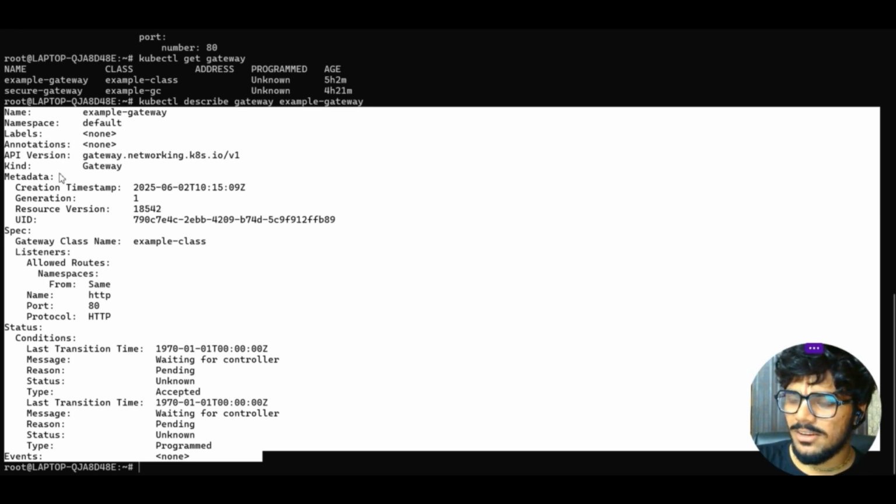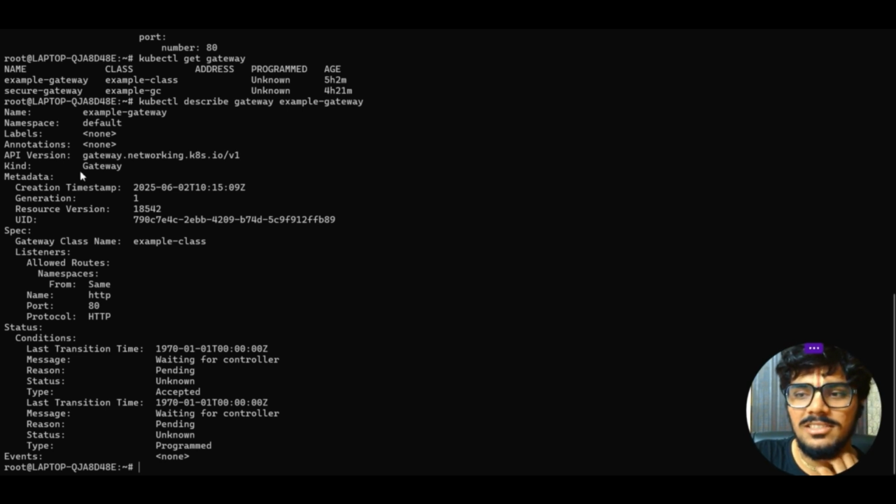It is a part of the networking layer, the networking part of our Kubernetes. Kind is Gateway, and one is the metadata. It will tell everything about the gateway file that we built earlier. Creation timestamp is this particular time.